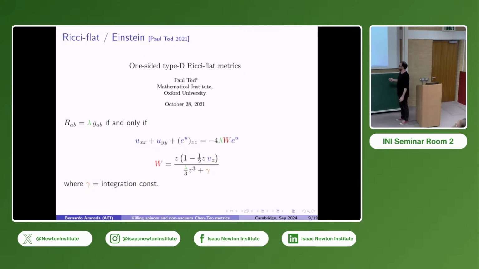And Paul showed that this condition reduces to this PDE, which is the modified SU(infinity) Toda equation. And the function W must be given by this expression. So that's one thing that we will need. In this talk we are not interested in the Ricci flat case as an example in the Einstein case. So we will need this construction in the last part of the talk.